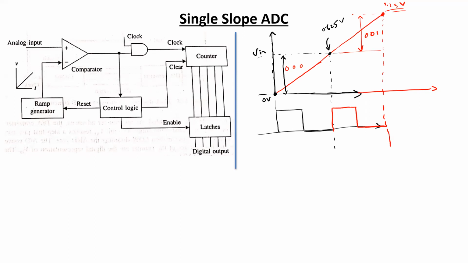So finally, it can be said that different quantization states are often represented by this sort of a staircase wave shape where 000 represents 0 volts, 001 represents, suppose for this case, 0.625 volts, then 010 represented by 1.25 up to 1.875.